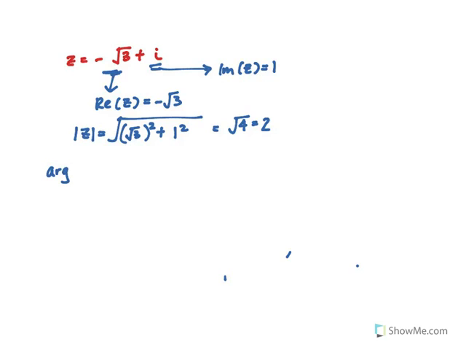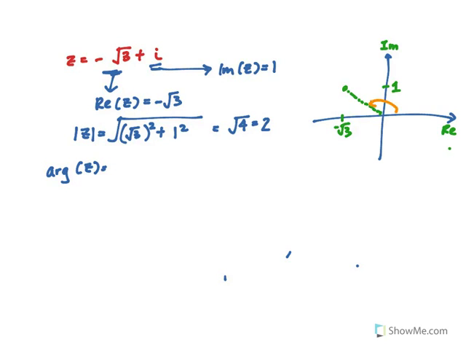And the argument of z, we need to take a look at which quadrant it belongs to. Negative square root 3 and 1. This is the real axis, this is the imaginary axis, and this is your complex number here. This is our argument.